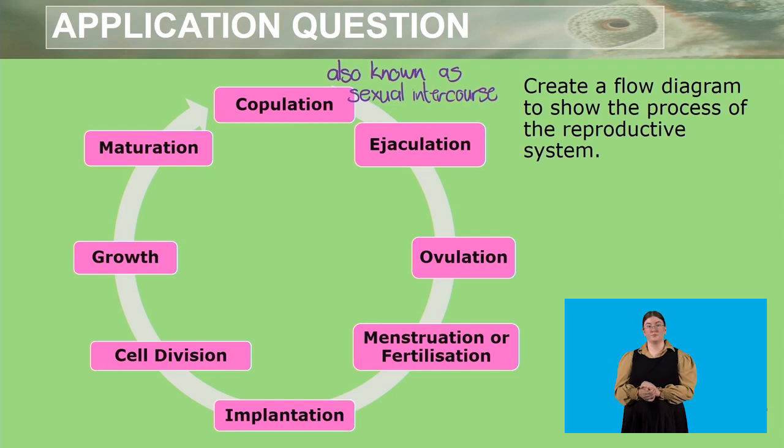In your flow diagram, you can also add other explanations to help you remember the processes and to help you see how each process moves from one process into another process.